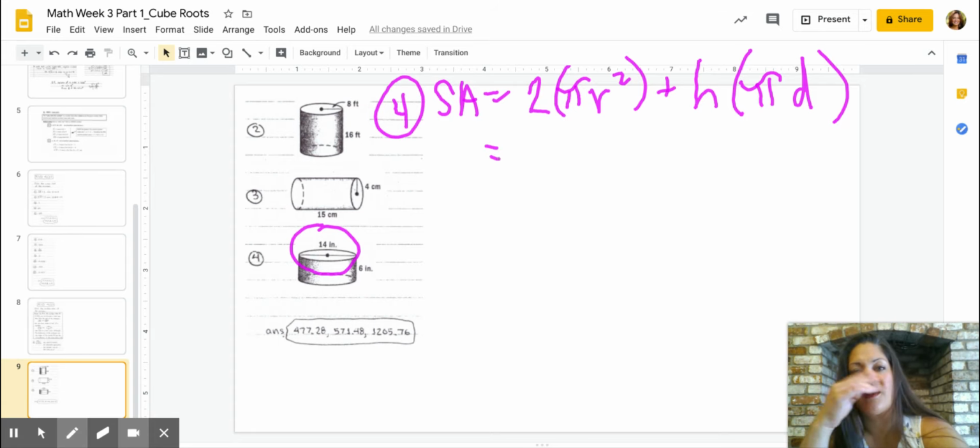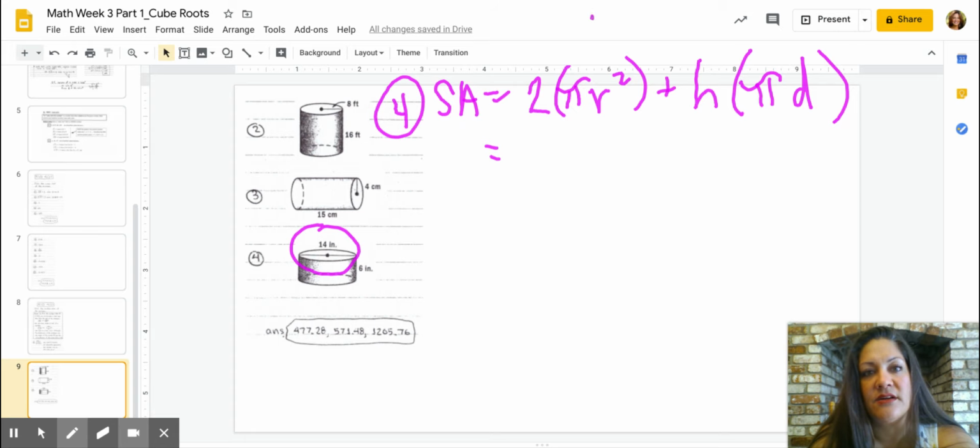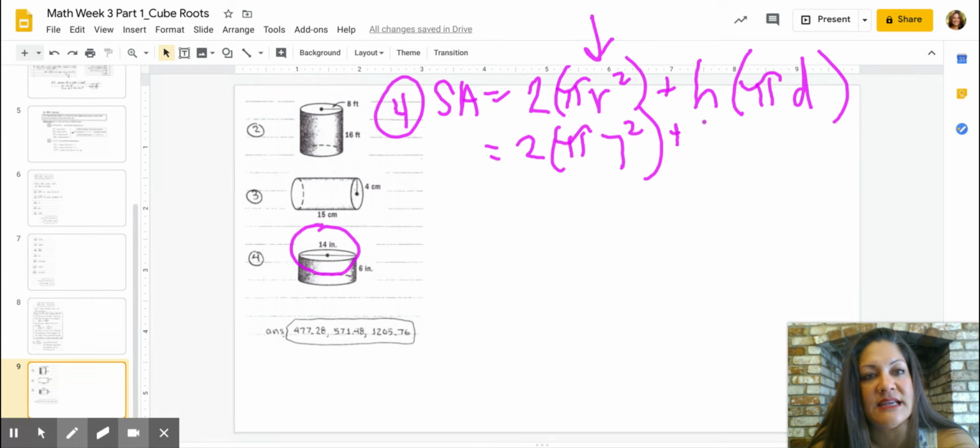Now for our surface area here, I know that the radius is half the diameter. So if my diameter is 14, then my radius is 7. So 2 times pi times radius squared, plus the height is 6 inches times diameter is 14.